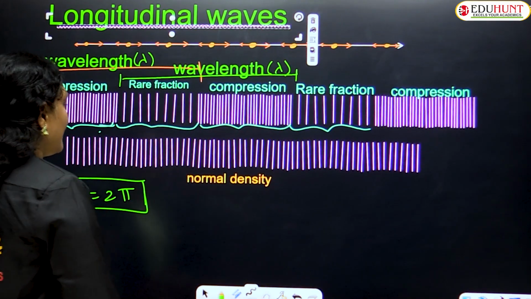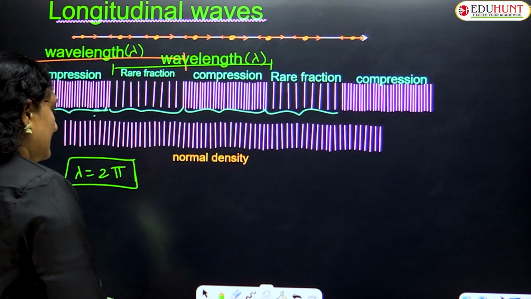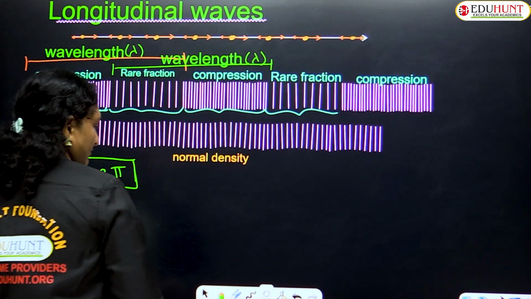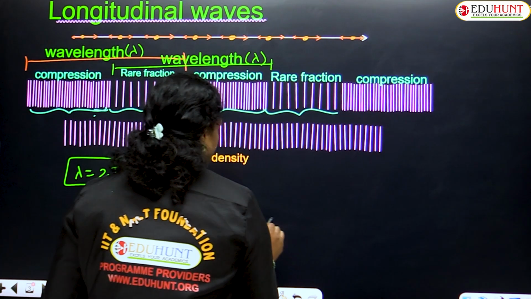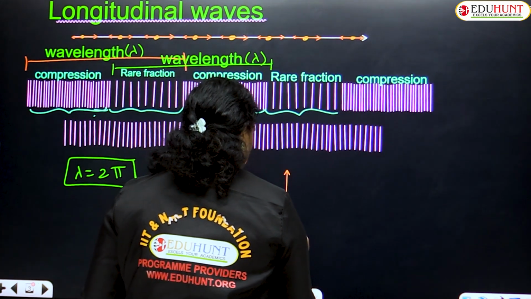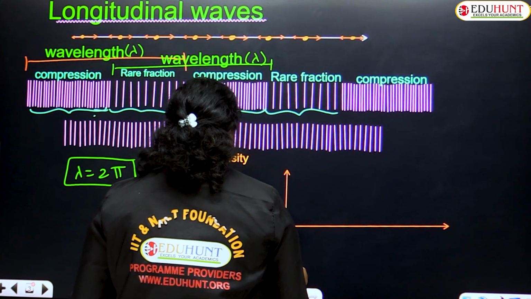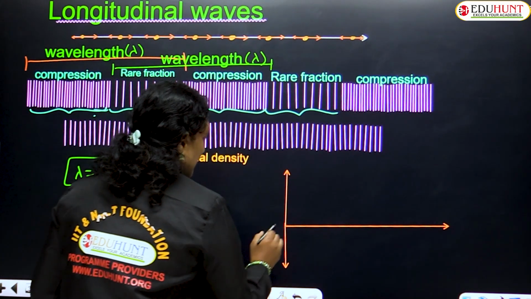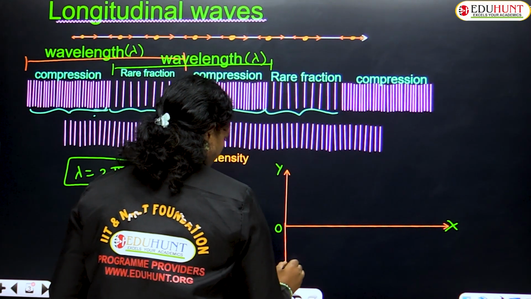I would also like to explain in detail the graphical representation of longitudinal waves. For this, let us consider a coordinate system in which the x-axis and y-axis are taken. Clear? So let me mark it as OX, OY and OY dash respectively.